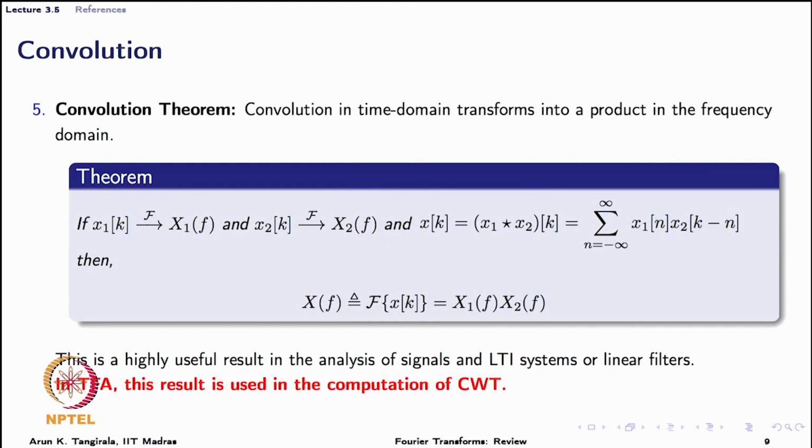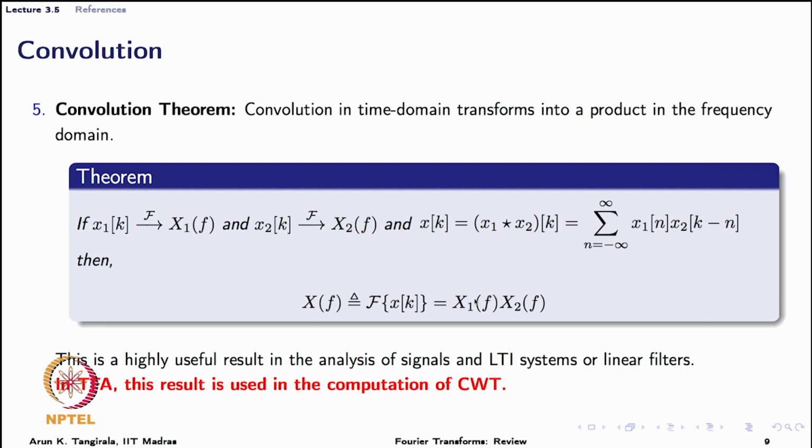One of the penultimate properties that we are interested in is the convolution theorem, which is a very famous and celebrated result in linear systems analysis. Convolution in the time domain transforms into a product in the frequency domain. If I have two signals and I am looking at a third signal which is a convolution of these two, then the Fourier transform of the convolution is the product of the respective Fourier transforms.